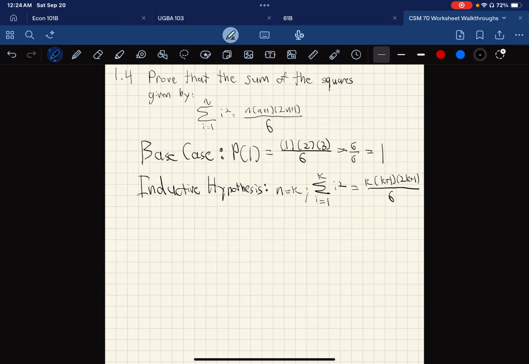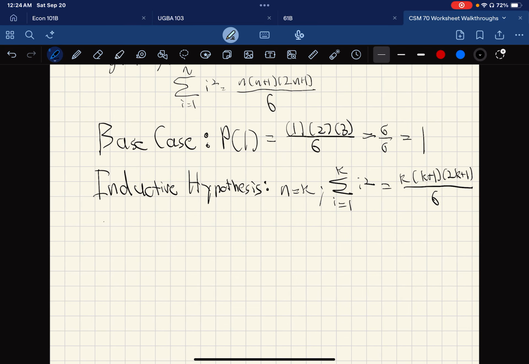With weak induction, we're trying to prove the k case implying the k plus 1th case. Our overall goal is to prove the statement from 1 up to n.